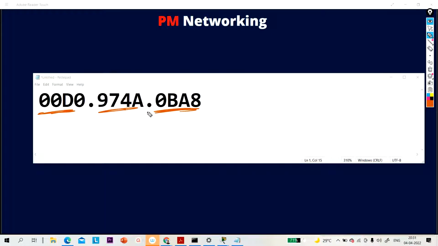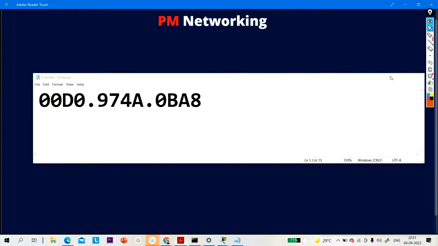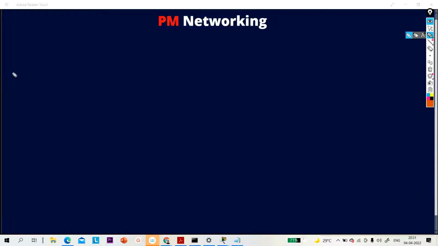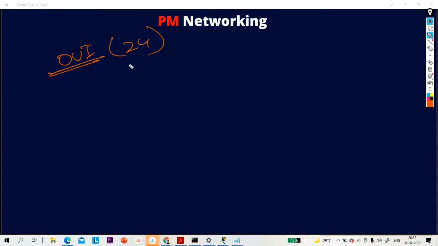Now guys, the next type of address is the IP address. Suppose I start manufacturing computers. First I have to purchase one OUI, which means for the NIC there will be a 48-bit MAC address, and we have to assign 24 more bits.